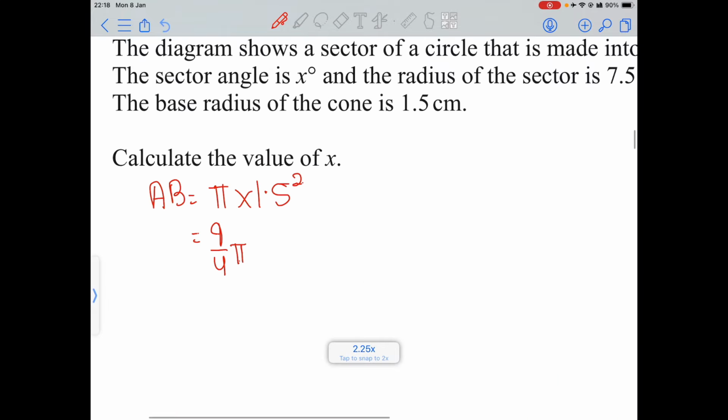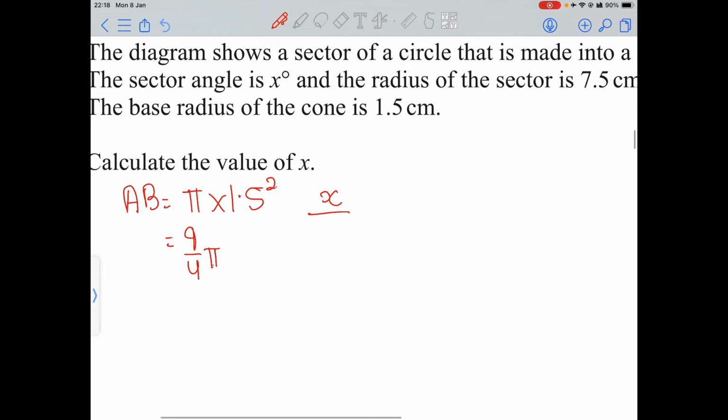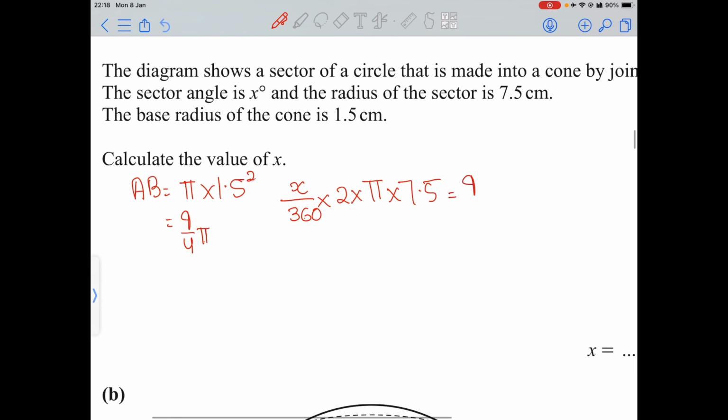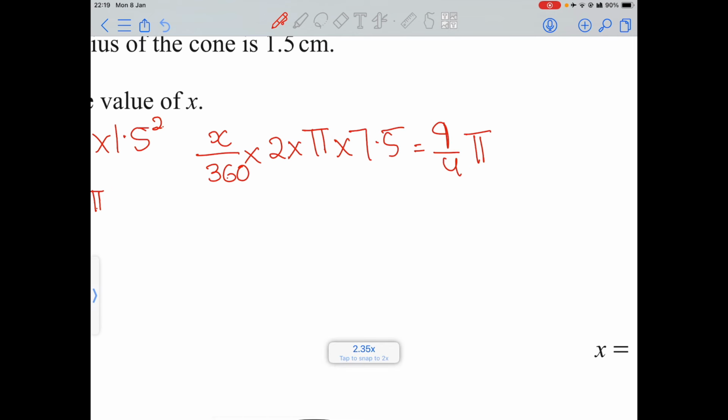Now I know that x divided by 360 into 2 into pi into the radius, which is 7.5, should be equal to 9 divided by 4 pi. When you simplify, 7.5 into 2 is 15, so 15 pi x is equal to 9 over 4 pi into 360 degrees, which is 810 pi.